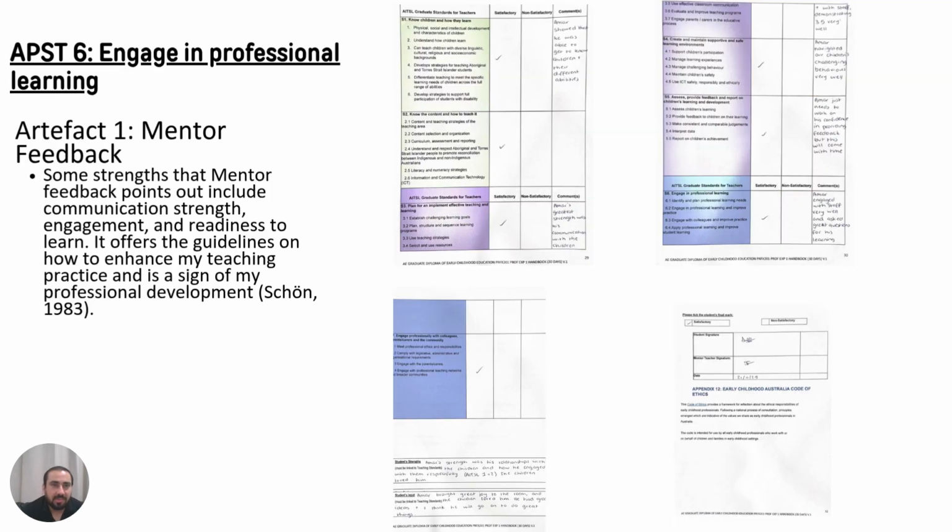So APST 6: engage in professional learning. This standard is concerned with professional learning. The first artifact is the mentor feedback which I received from a previous placement, which helps to identify my strengths and weaknesses in my practice.